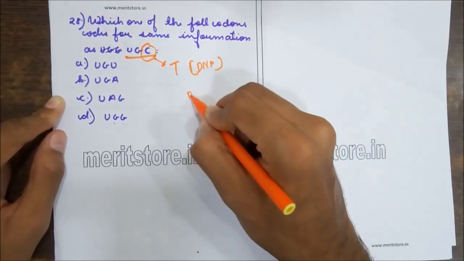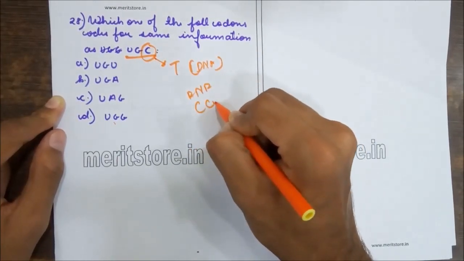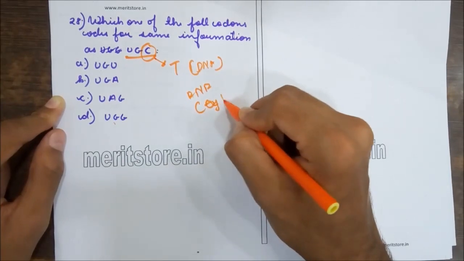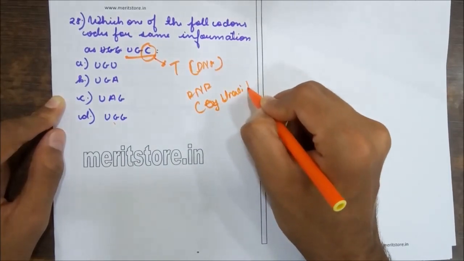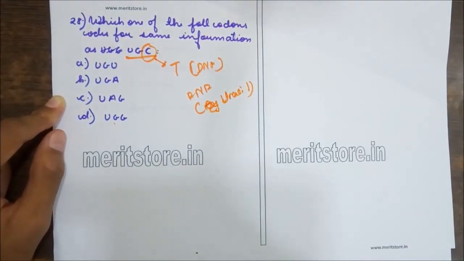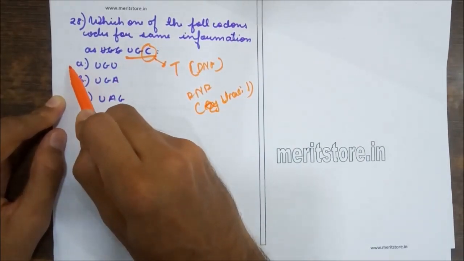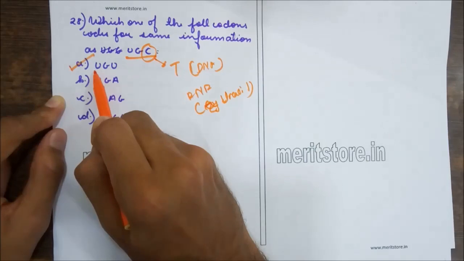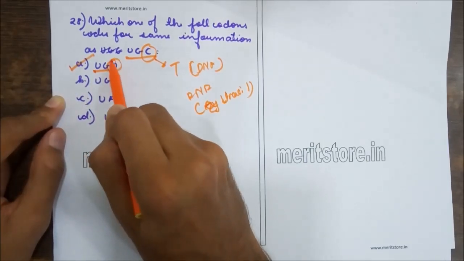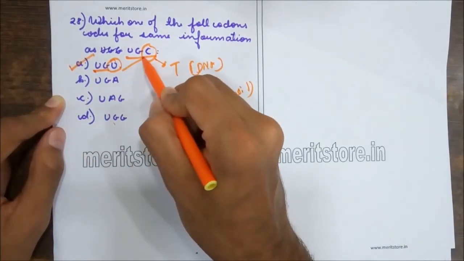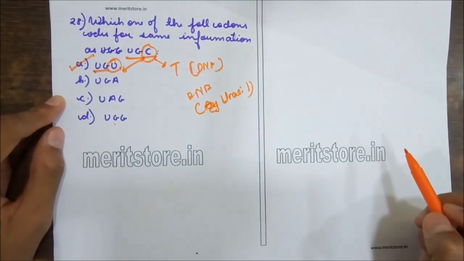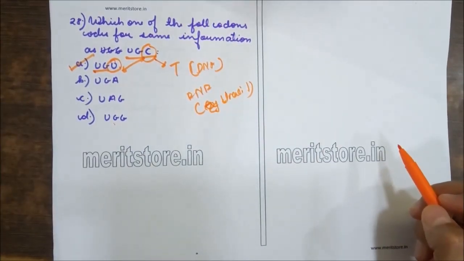In RNA, cytosine complements with uracil. So here the correct option is option A, since UGU has the same complement as C. Option A is the correct answer.